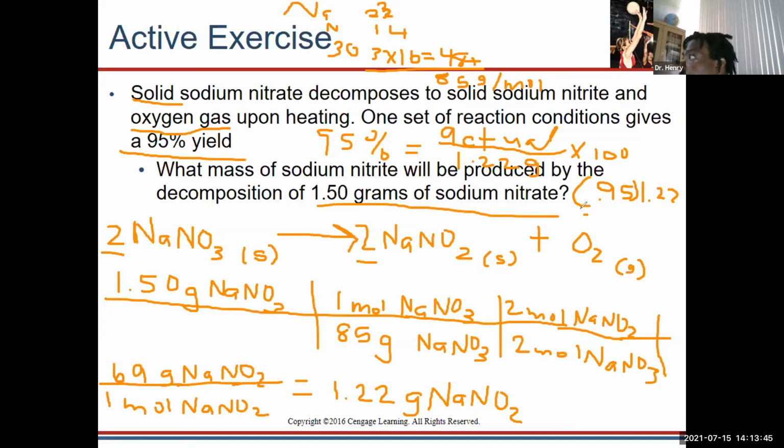So our actual is going to be 1.15 or 16 grams.